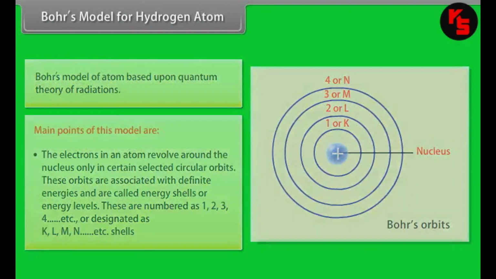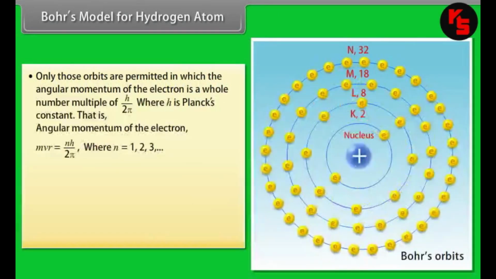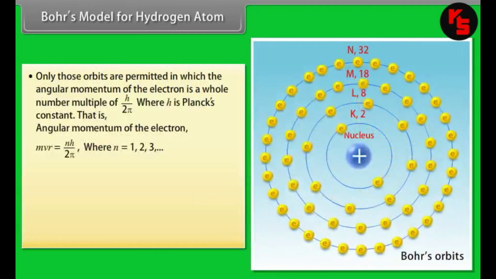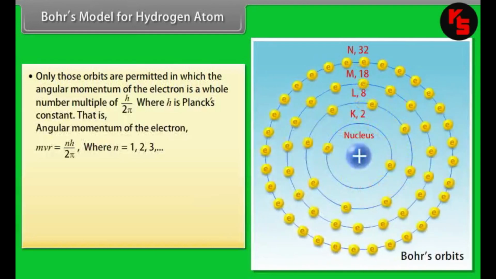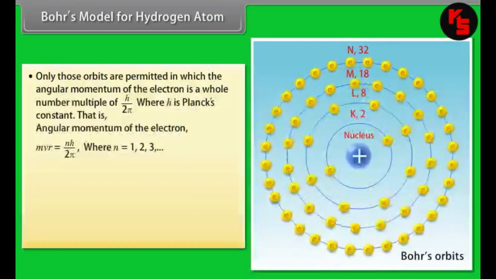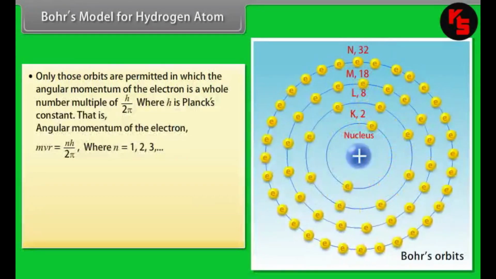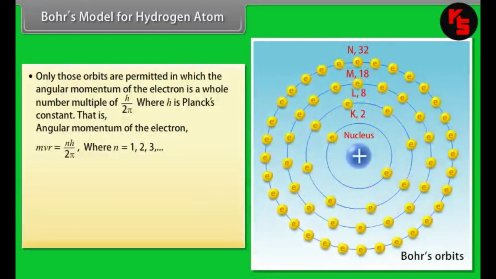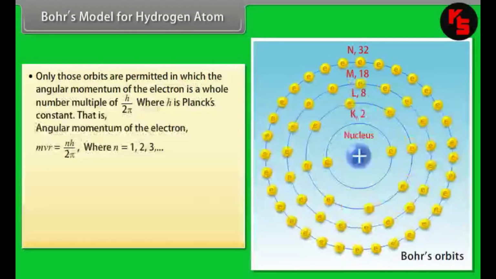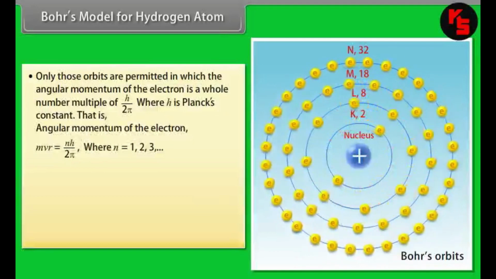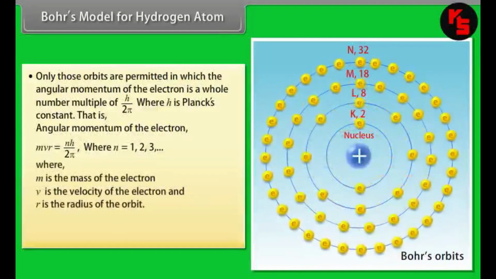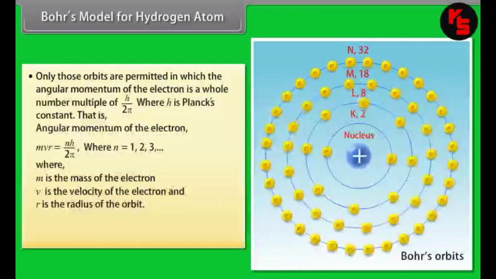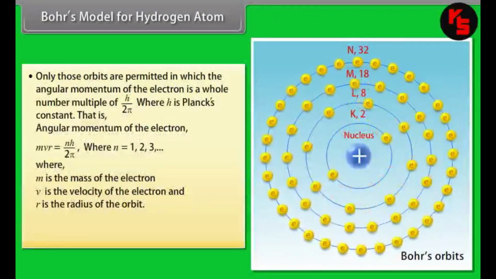shells. Only those orbits are permitted in which the angular momentum of the electron is a whole number multiple of h by 2 pi, where h is Planck's constant. That is, angular momentum of the electron mvr is equal to nh by 2 pi, where n is equal to 1, 2, 3, etc., where m is the mass of the electron, v is the velocity of the electron, and r is the radius of the orbit.